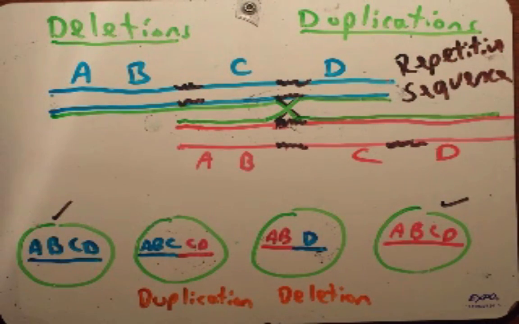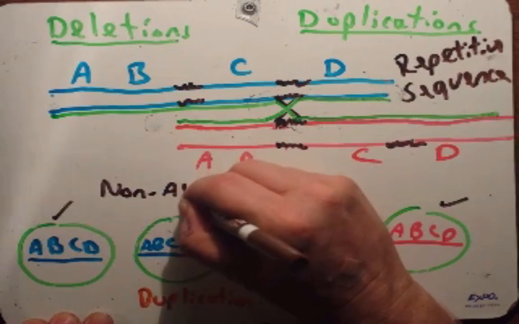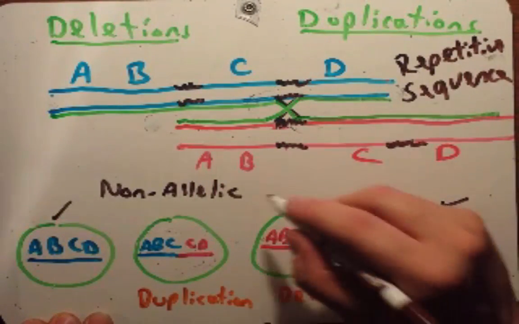Whenever we make a deletion in this way, we always also make a duplication as a byproduct of it. We call this method of making a deletion, just write it across here, non-allelic recombination.